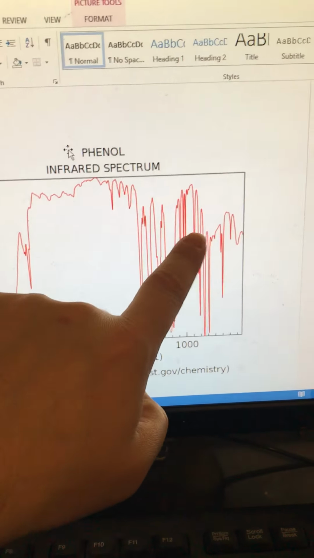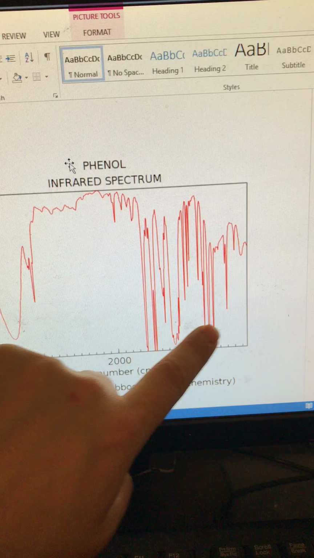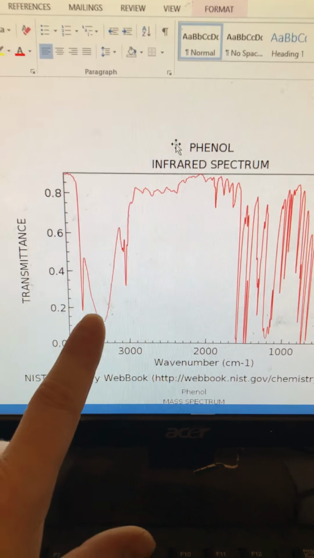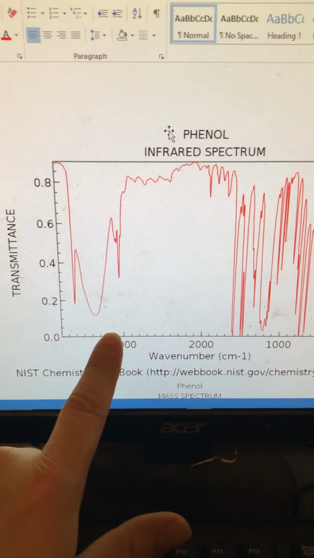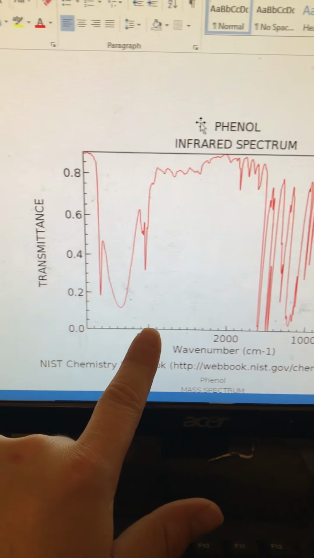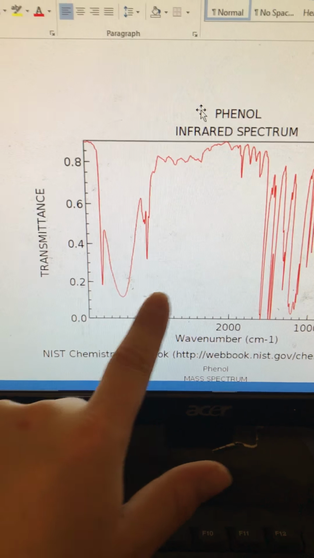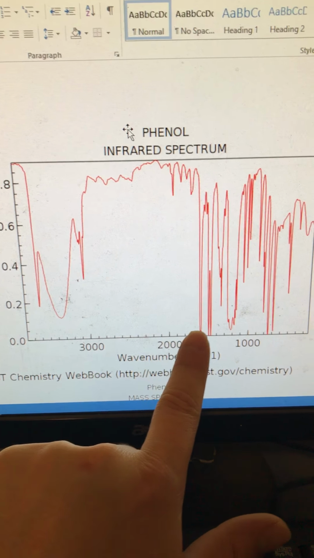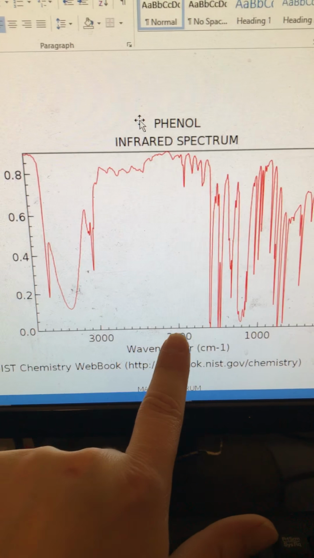As you see, the fingerprint region doesn't really provide much information to us. Then we look down here into zones 1 and 2. We can see that there's some definitive peaks here, information we can draw, but beyond that, there's not much more in any of the other zones.